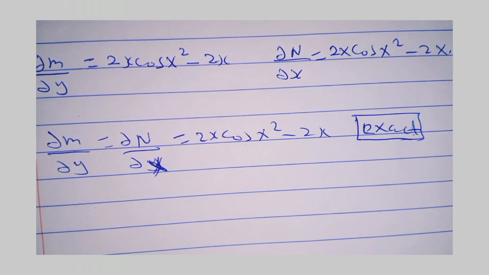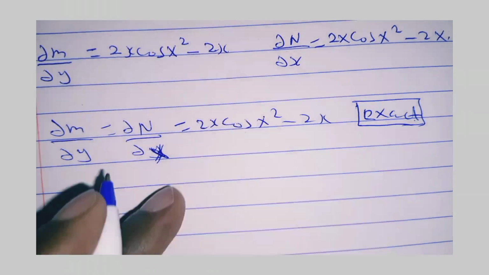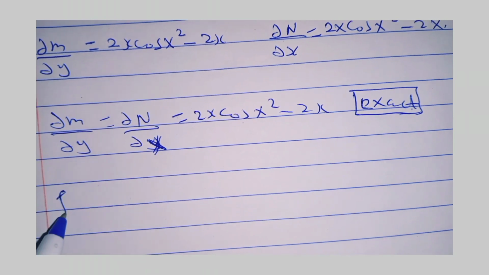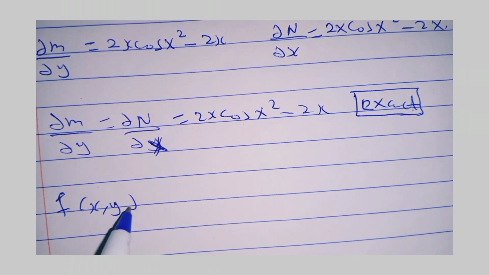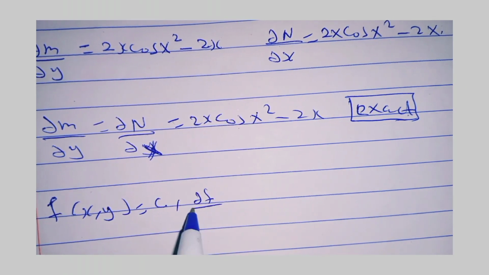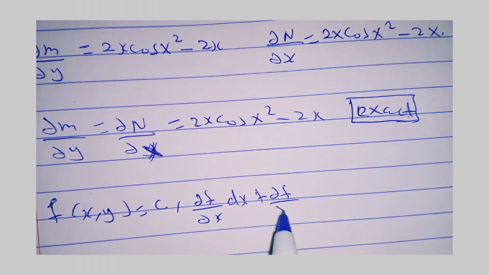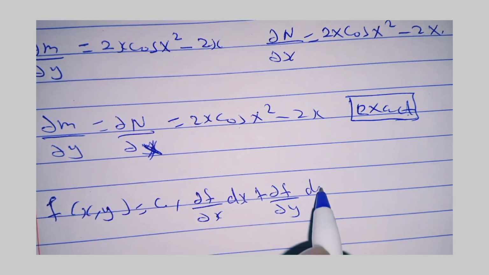So if it is exact, then we are going to seek the solution of the form f(x, y) equal to constant c, whereby the partial of f with respect to x dx plus the partial of f with respect to y dy is equal to 0.